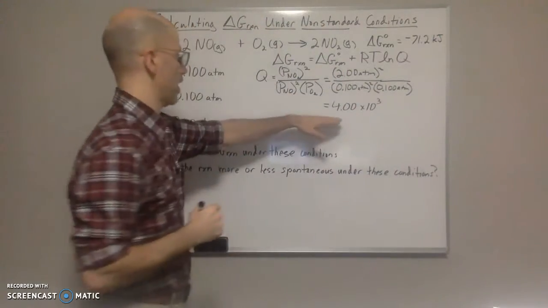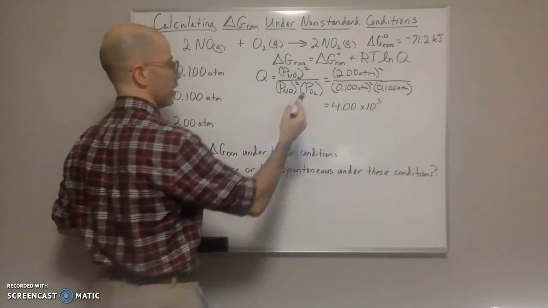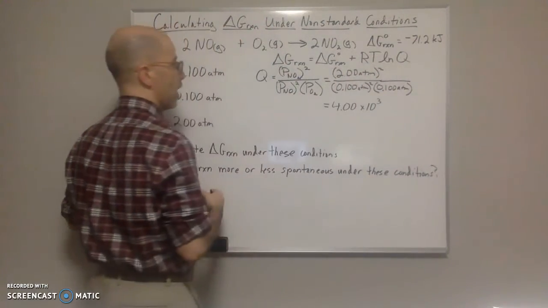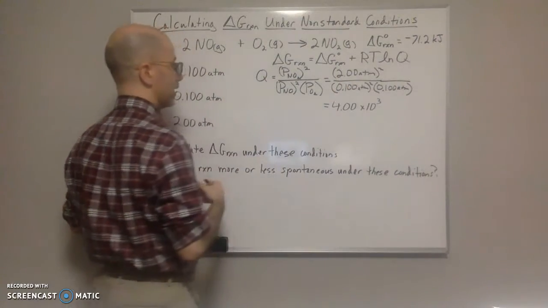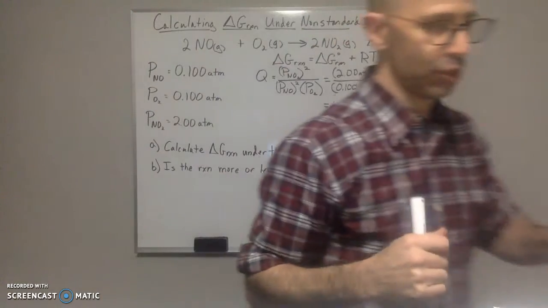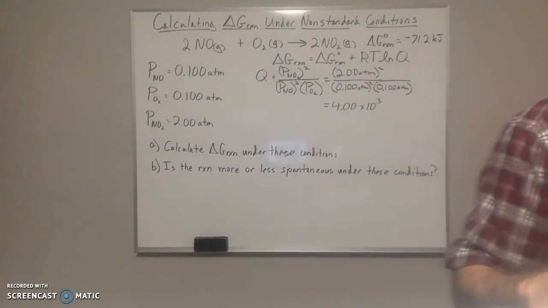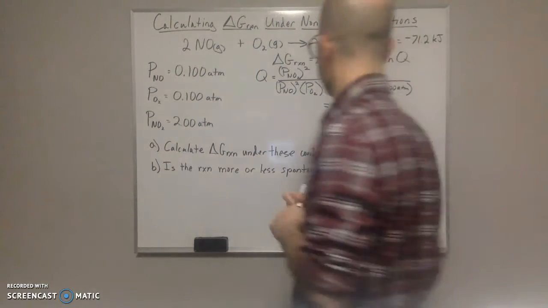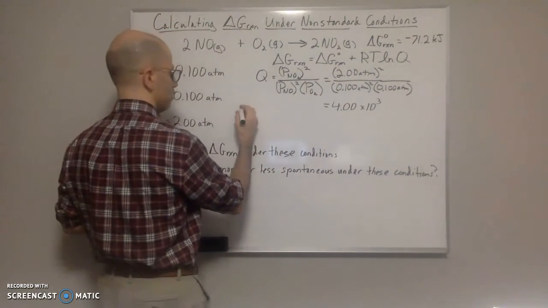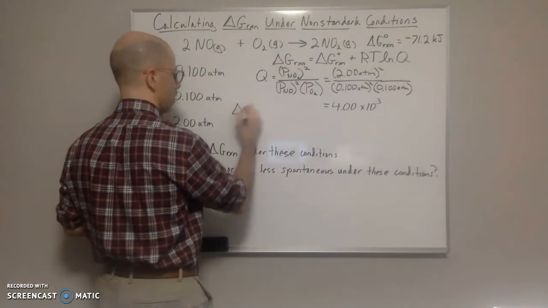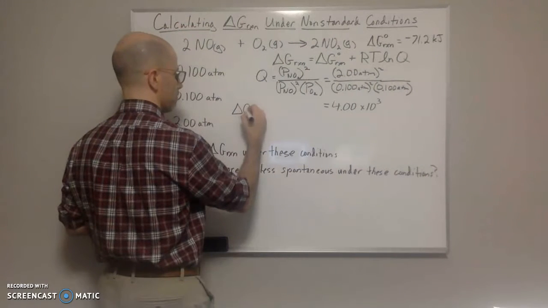Now that we have our quotient, we can use this. Temperature needs to be in Kelvin, and our temperature here, again, just to make sure, is 298. So then we plug this into our equation.